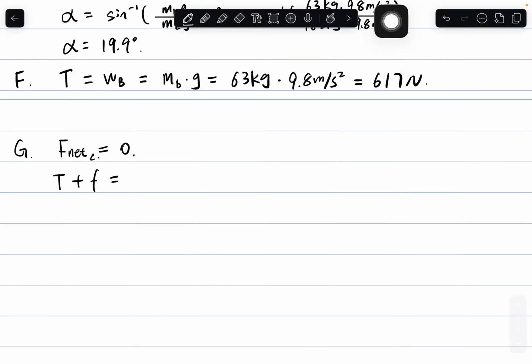So the weight of the cart is W times sine alpha, and since the bucket has the same weight W, the tension equals the weight of the bucket. So we have W plus friction equals W times sine alpha, and we move the term with W to one side, so the friction equals W sine alpha minus W.